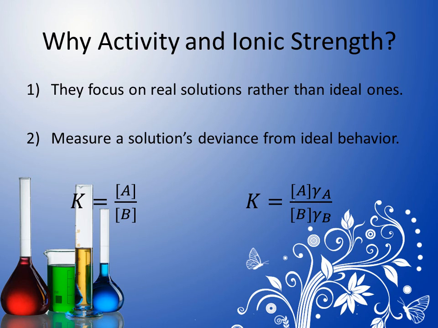More accurately, however, we should express equilibrium in terms of activities, as you can see on the right, because this would allow us to measure a real solution rather than an ideal one, and how far it is away from ideal behavior. Now, keep in mind that the concentration and activities may not necessarily be always to the power of 1. They could be squared or cubed, depending on molar ratios and the certain ion.